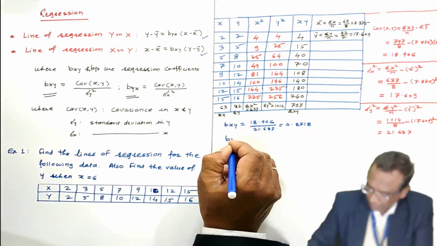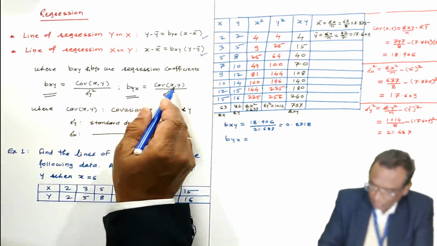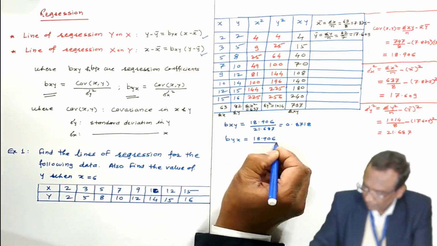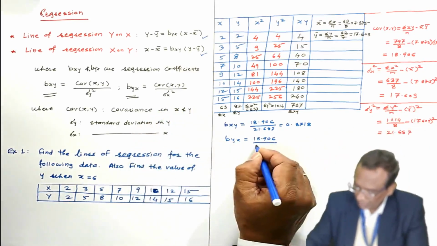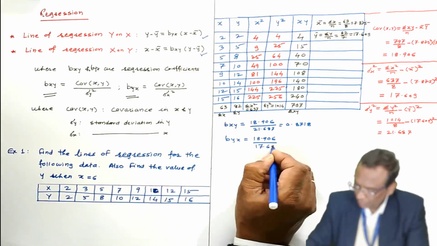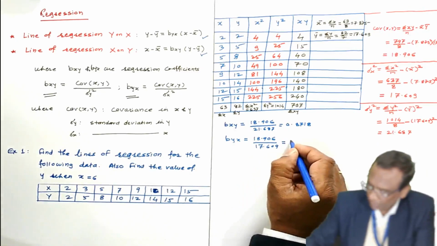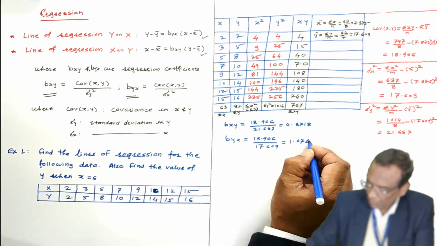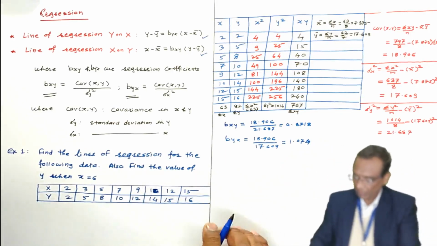Similarly, byx is covariance of xy, 18.906, divided by sigma x square, which is 17.609, and byx I am writing directly as 1.07074. In this way all the values we have calculated.